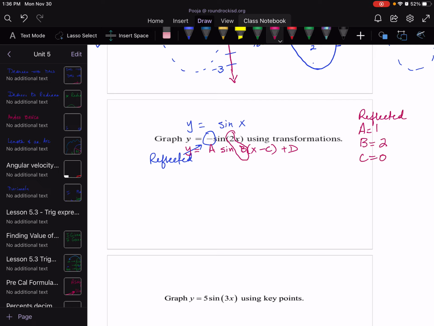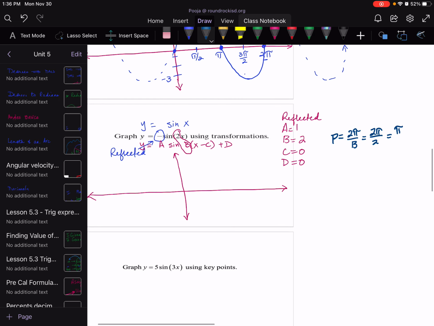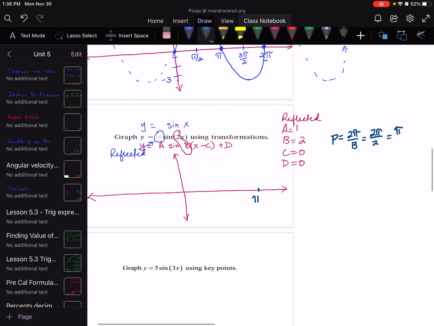C, no. D, no. Once I have this, I should be able to graph it, but do I know the period of this function? Not anymore, because since B changed, automatically the period changed as well. So I can find the period using this simple formula. 2 pi over B, and B is 2, so the period is pi. It's not 2 pi anymore. It's going to complete one cycle in just pi.